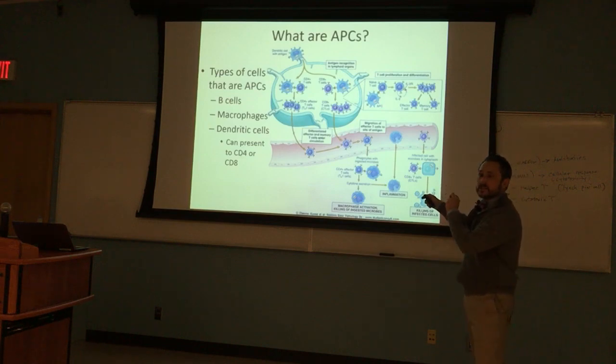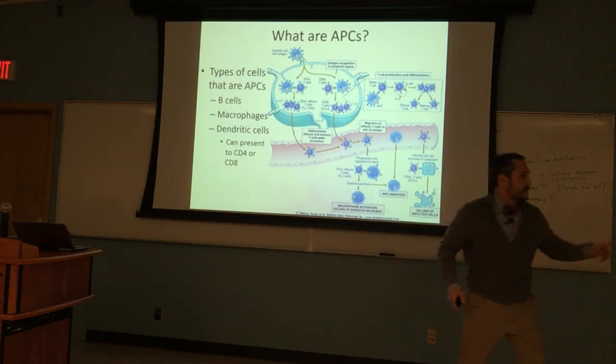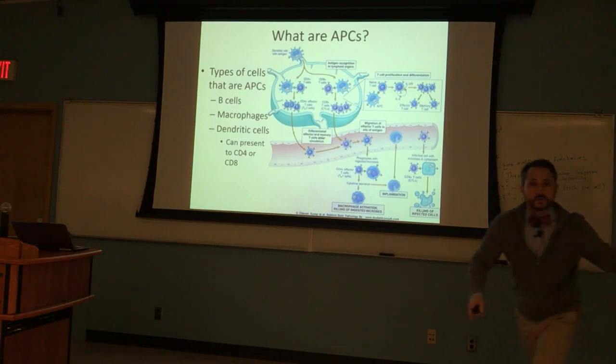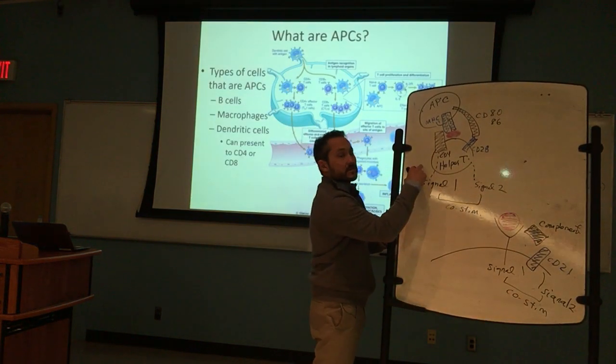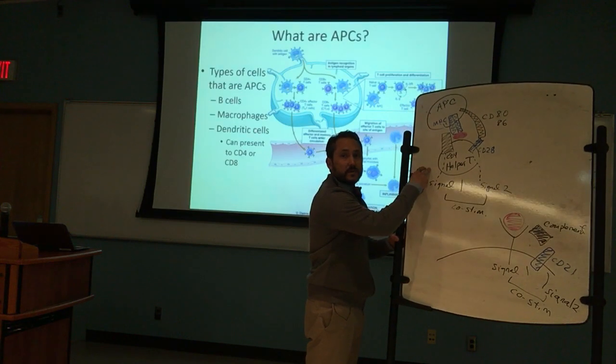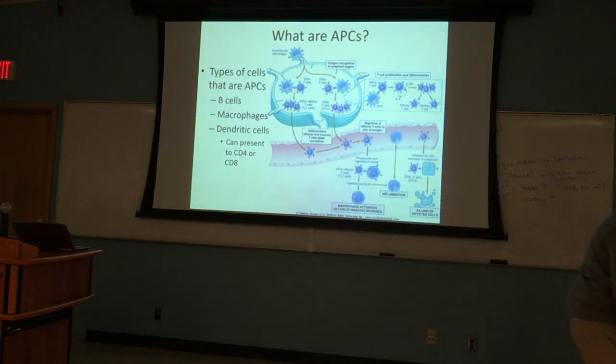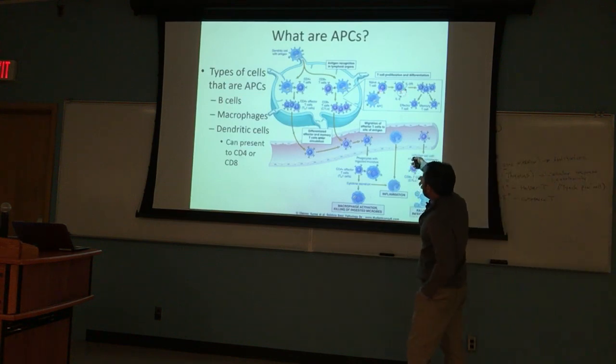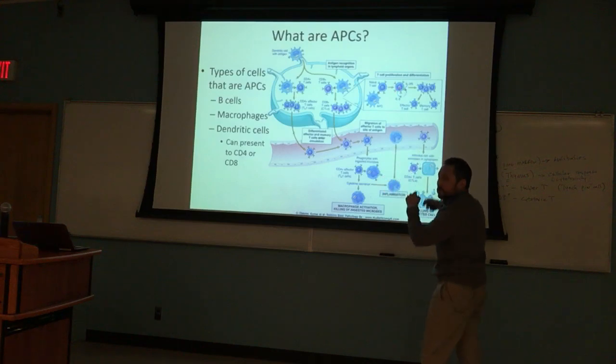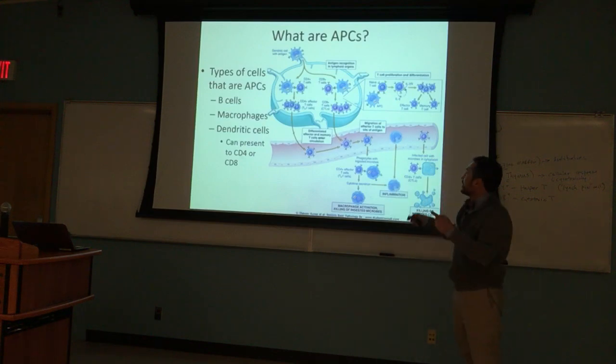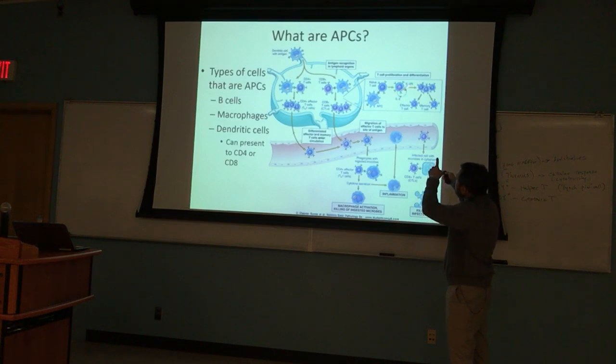So cytotoxic T cells have a unique type of co-stimulation that's a little different than what we learned right here. This was not cytotoxic T cell. What was this one? Helper T cell. Now we're going to talk about cytotoxic T cell co-stimulation. It involves antigen binding, and then what happens is you've got interleukin, which is a cytokine that gets released, and it binds to itself. It binds to the cell that released it, which is the cytotoxic T cell.